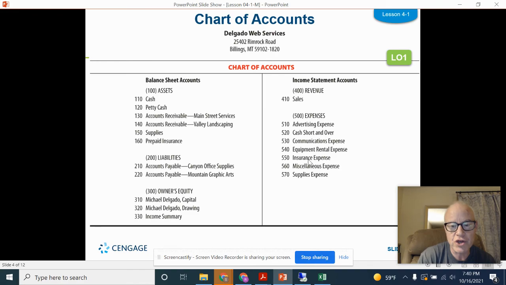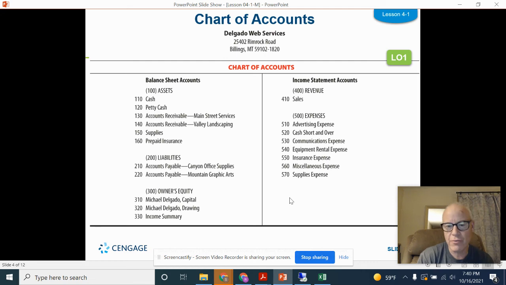We have insurance expense as an expense category. And then we have supplies expense. Well, we already have supplies over here in assets. So that's something we're going to touch on in chapter 5. What's insurance expense? What's supplies expense? How does that tie into what we have over here in our assets area?